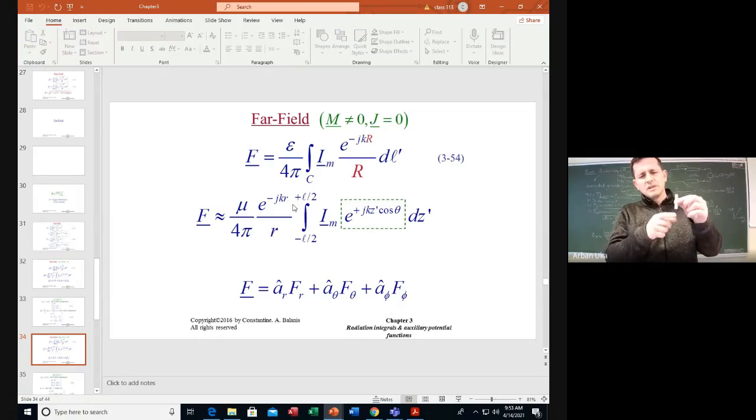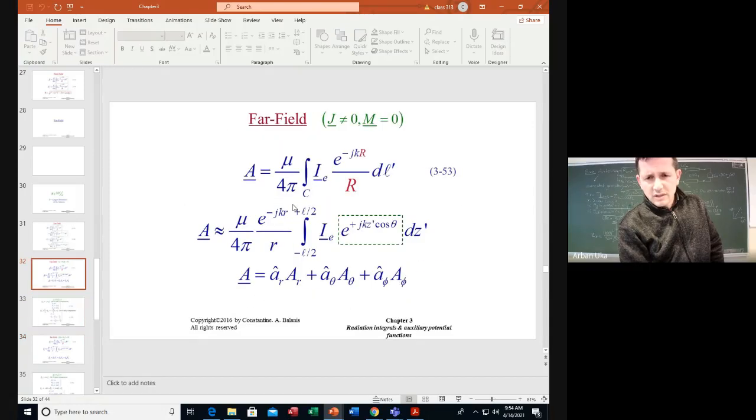And as we can see here, the integral is integrated from minus L/2 to L/2, and with the product K dot R we will be left with e^(jkz) times cosine theta. When we see an example, we can talk more in detail regarding this.